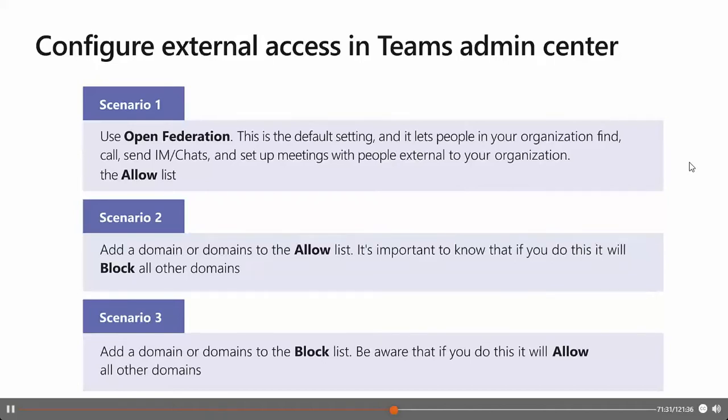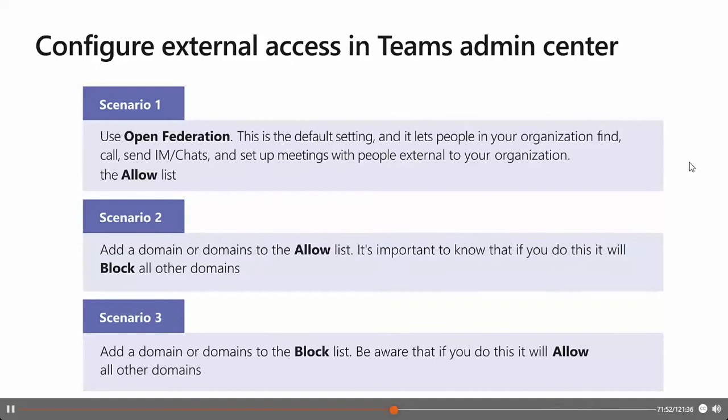The second one is that we want to add a domain or domains to an allow list. It's really important to know that if you do this, it will block all other domains. So really think about that. Do you want to put an allow list, or better said a block list, which is scenario 3.